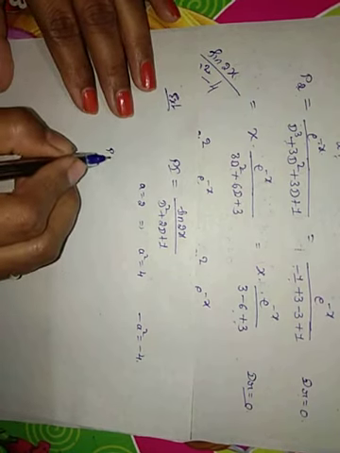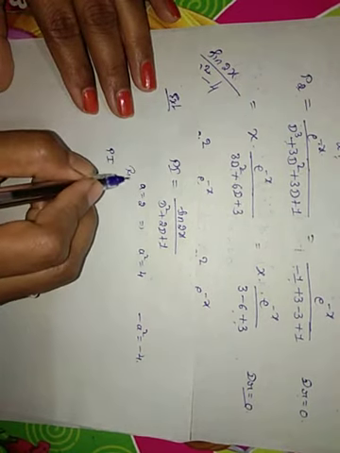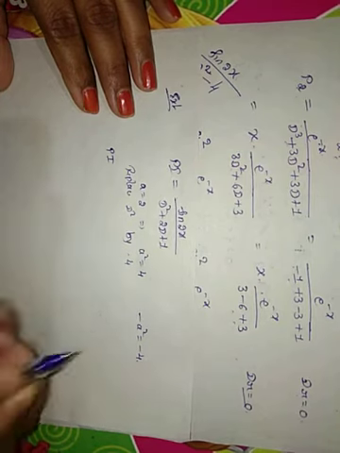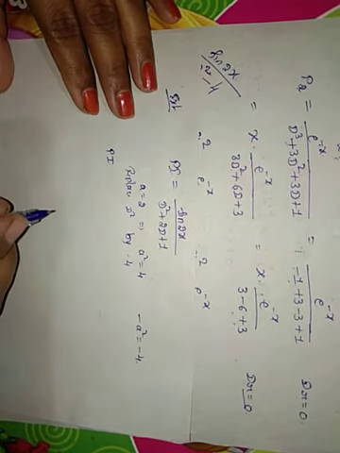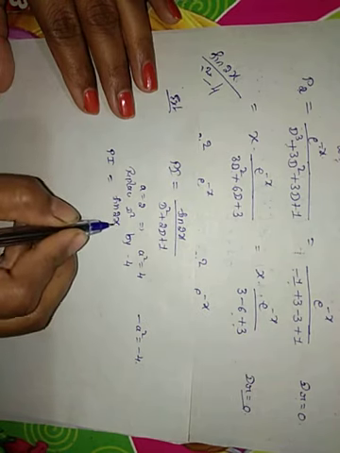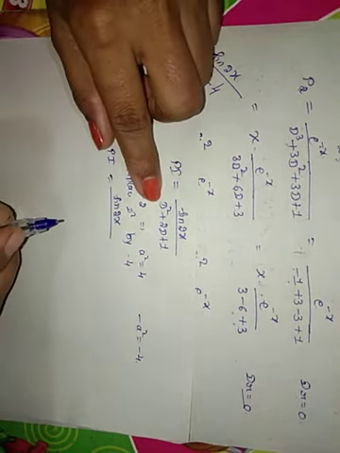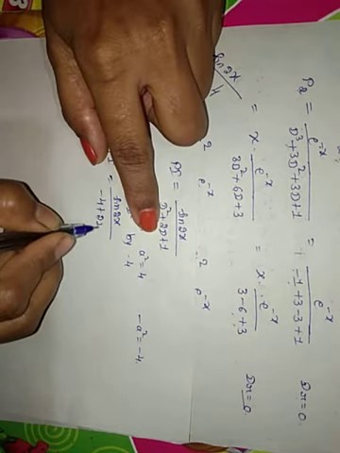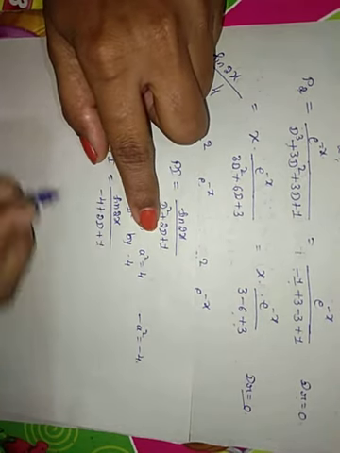Now replace D square by minus 4. So our particular integral is equal to sin 2x divided by, replace D square by minus 4, keep your D as it is, plus 1.